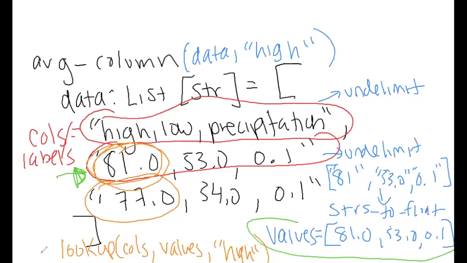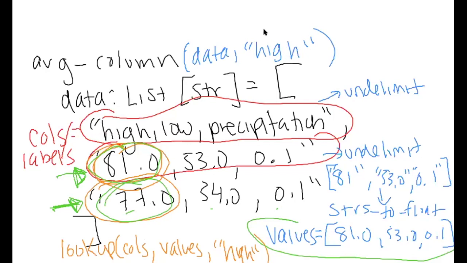And so then this call to lookup will give us 81. But then the second time, now we're going to be looking at this second row in the data table. Our values, we want them to be 77, 54, and 0.1. And then this call to lookup will give us 77.